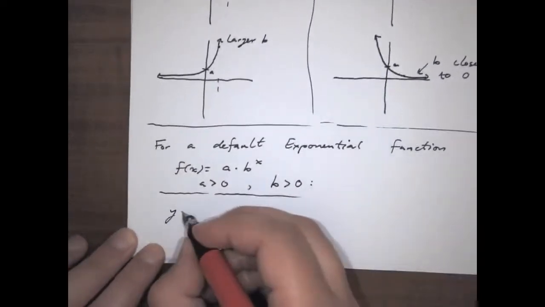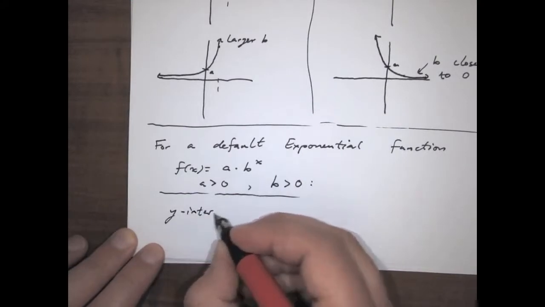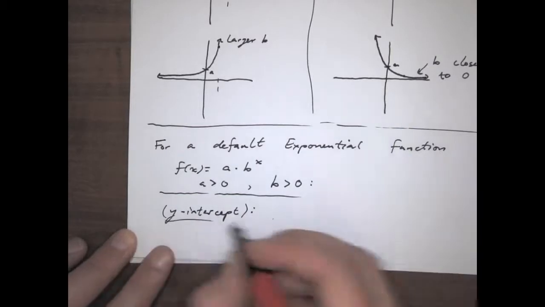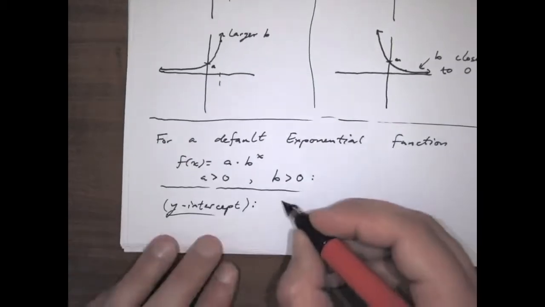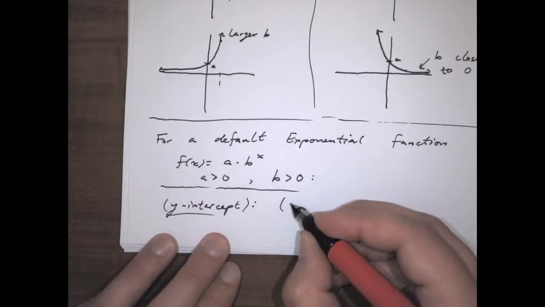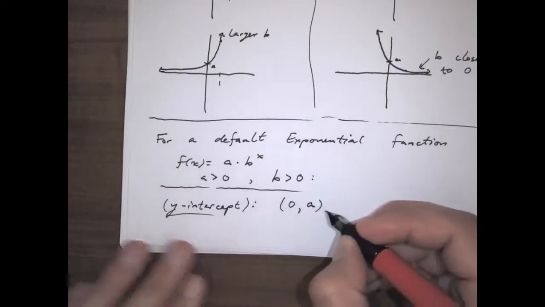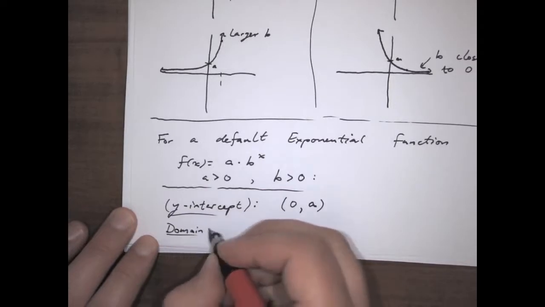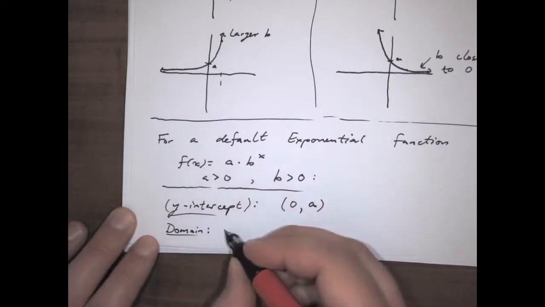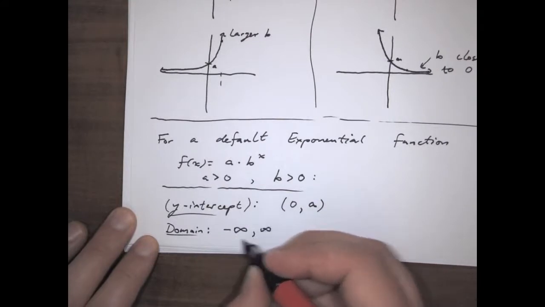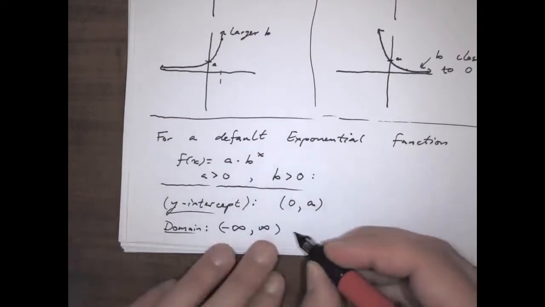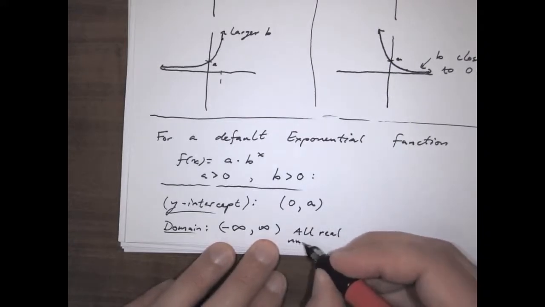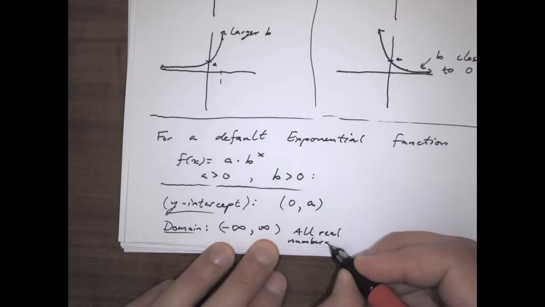So first off, the y-intercept is going to be (0, a). The domain is always going to be all real numbers, negative infinity to infinity.